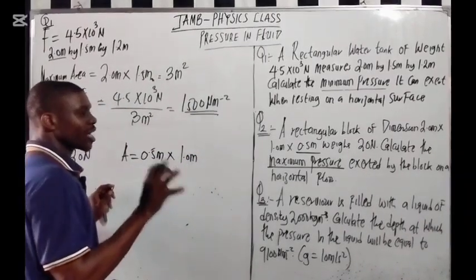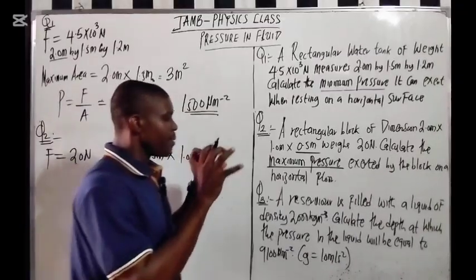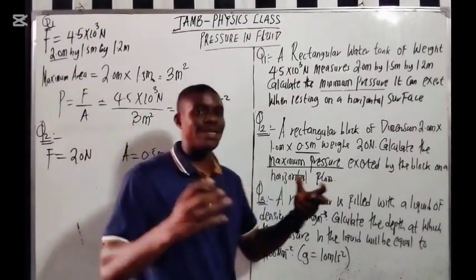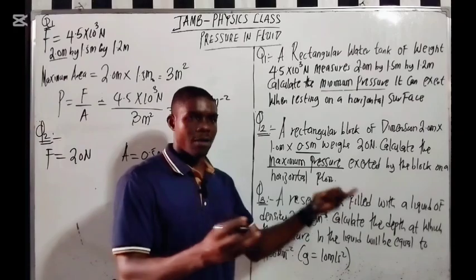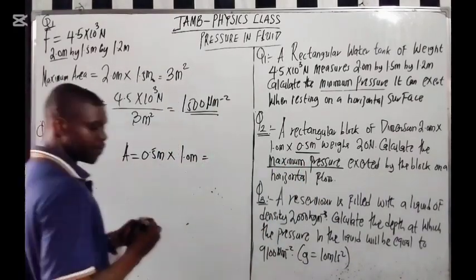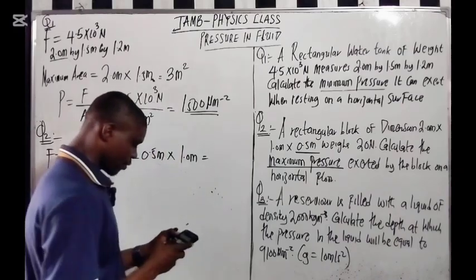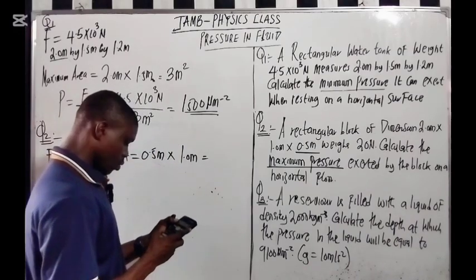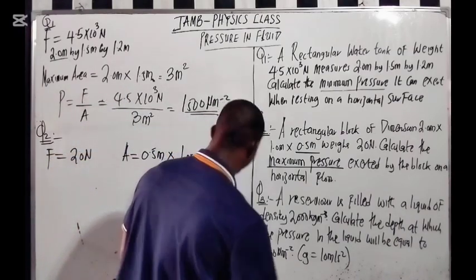So to get my minimum area, I'm going to multiply the two least values given to me. 0.5 times 1.0, you have 0.5.